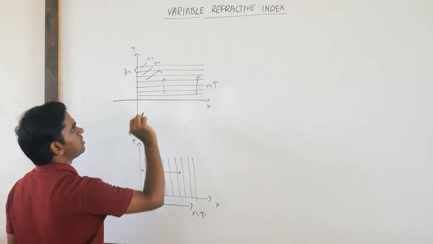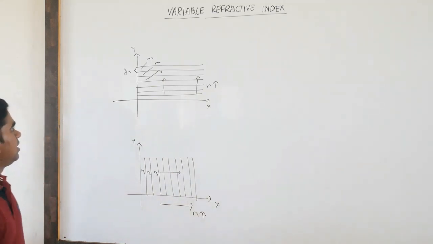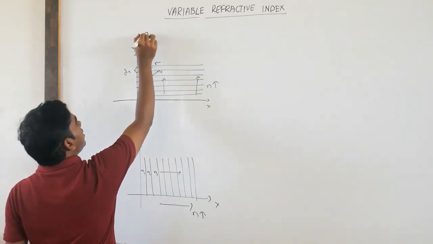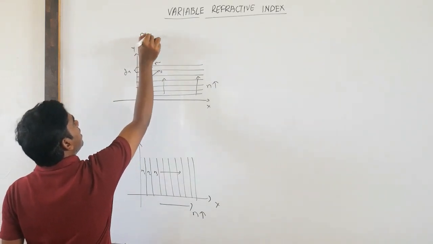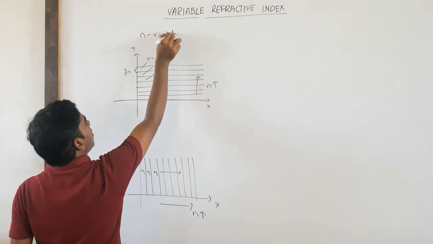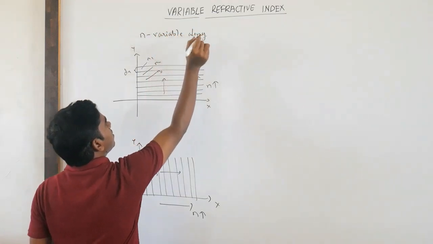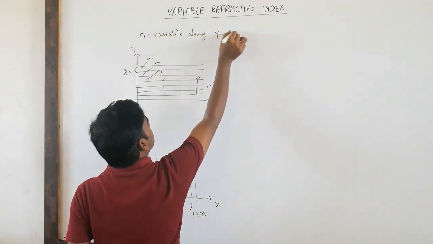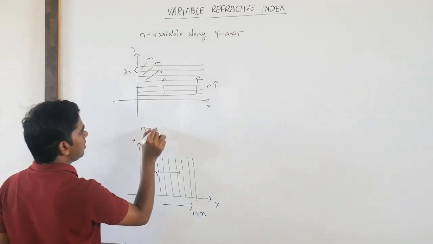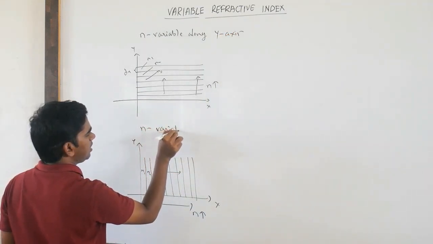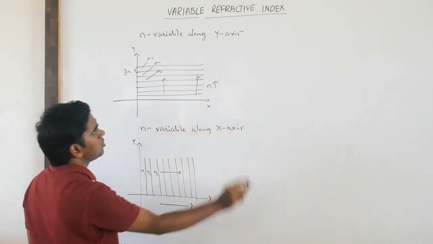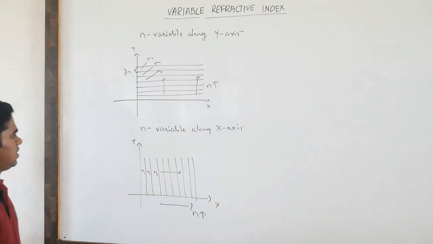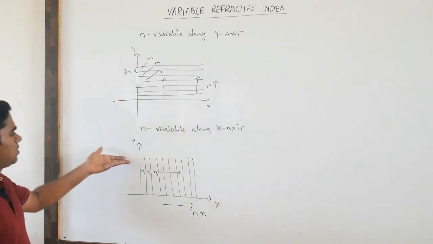Here n is variable along the y-axis. Here the refractive index is variable along the x-axis. So both possibilities are there, and they may ask you from this or this, anything.